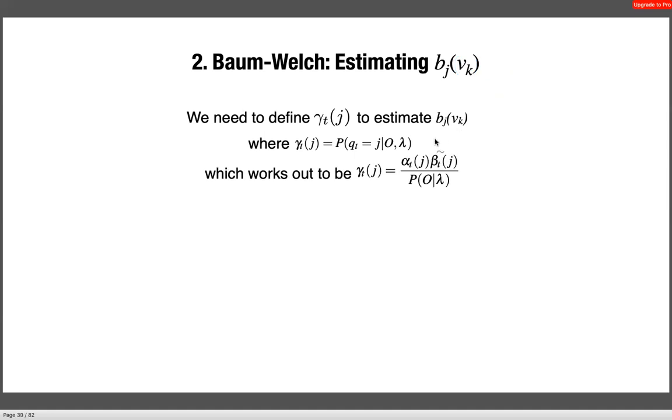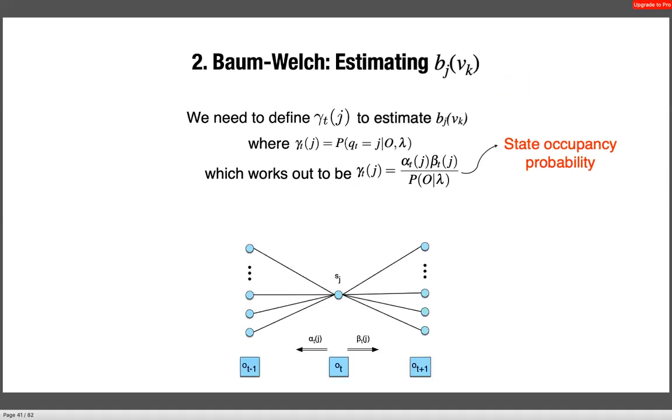Just like we did for the previous psi quantity, expand this out as the joint over both these terms, which is qt and O, divided by the probability of O.